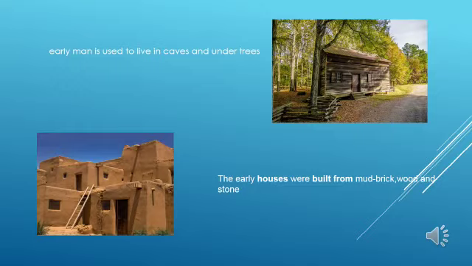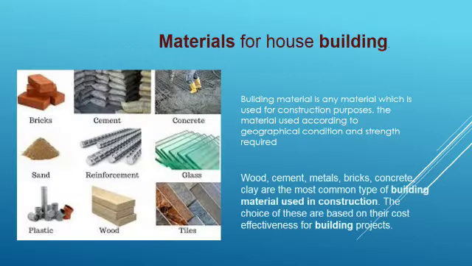In the early stage, houses were made of wood, leaves, and other similar things. With the passage of time, man found new materials and he learned ways of making stronger and bigger houses.